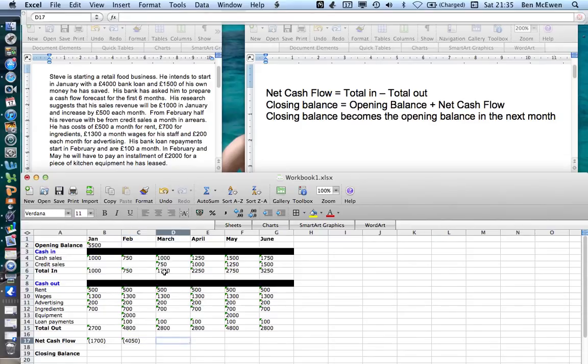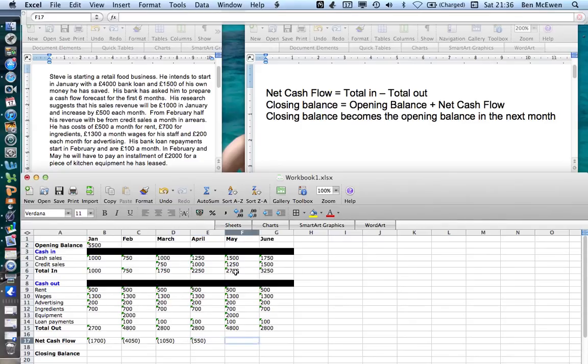In March, £1,700 in, but again, it's still a negative cash balance, negative cash flow for the month of £1,050. April, he starts to close the gap a little bit, and it's only a negative cash balance of £550.